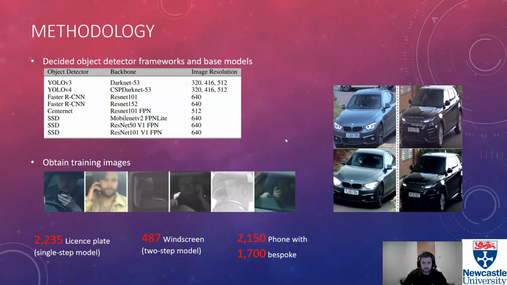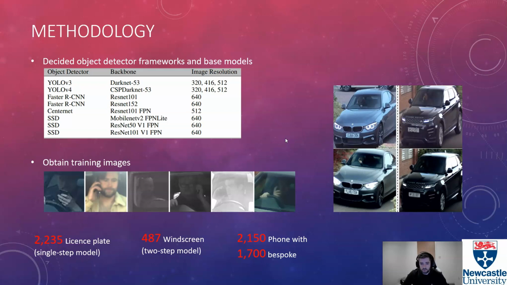In terms of the number of training images, the single step approach would be trained also on license plates. The license plates would be used as a means to count the number of vehicles, and they were obtained quite simply through an open source database.